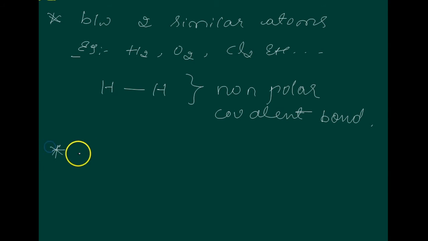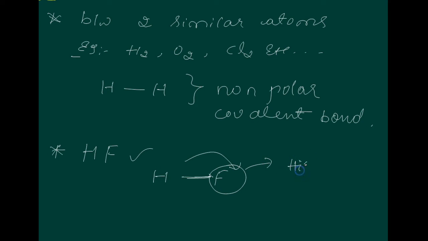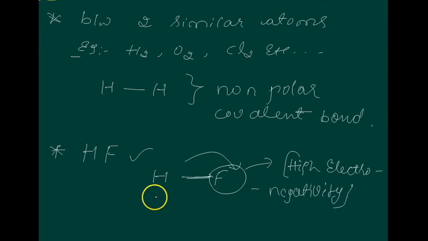Similarly, when a bond is formed between different atoms, such as hydrogen and fluorine, the electrons are attracted more towards fluorine, because fluorine has a higher electronegativity than hydrogen.